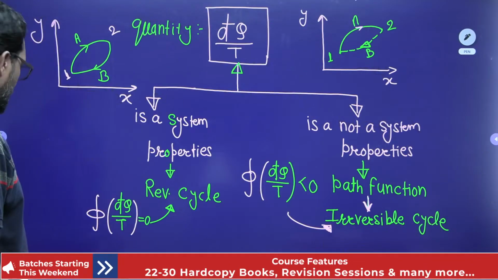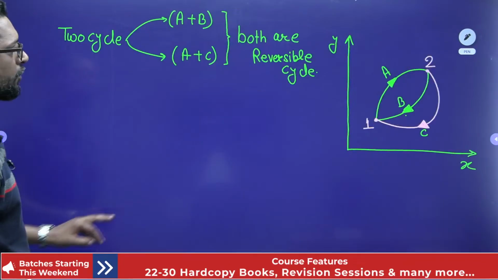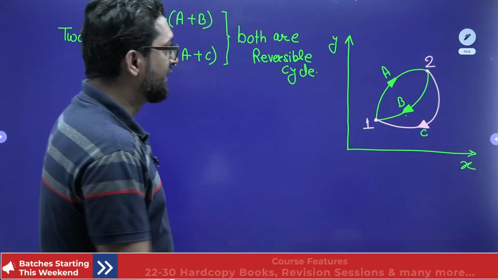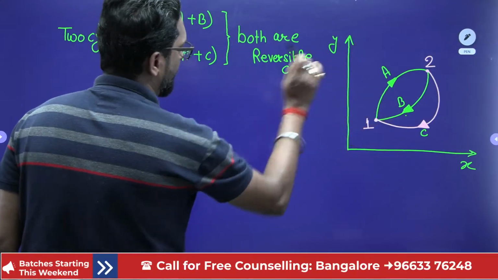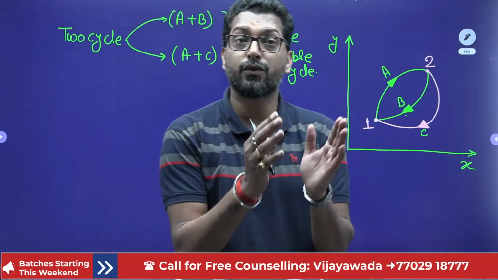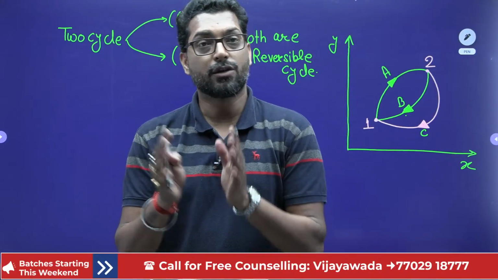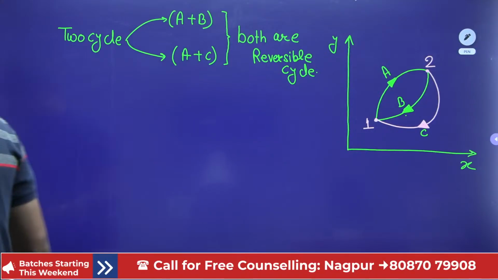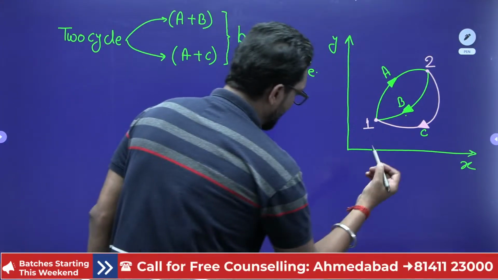Now, for the process, we take processes A, B and C, and these three processes make two reversible cycles. Why do we take the reversible manner? Because we know the reversible cyclic integral is equal to 0. We know the result. So for two cycles, we can apply it.